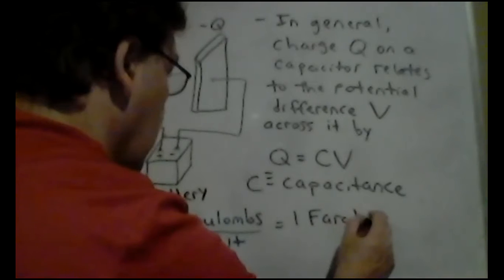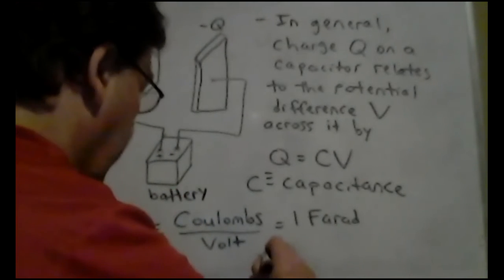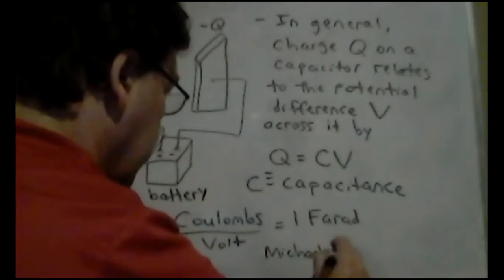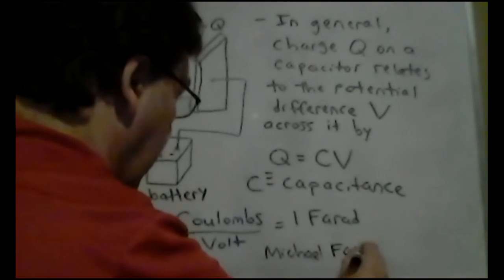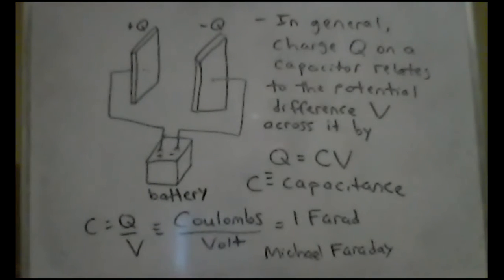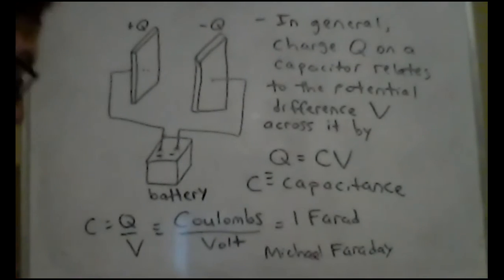named after the great Michael Faraday. So we honor Michael Faraday with that. Michael Faraday was one of the great physicists in electromagnetic theory. In fact, when we talk about Maxwell's equations, one of the great Maxwell equations is named after him. He's an example that you could be a great physicist without being good at math.